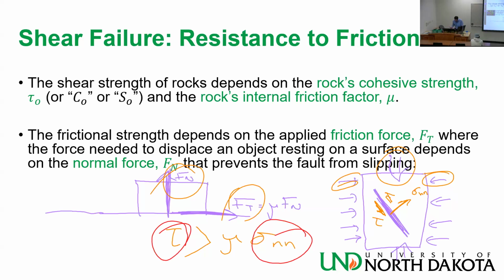Let me write it down, and we're going to see it many times. Mohr-Coulomb failure, or I would say shear failure. Basically, it's the tau in the Mohr circle, because you have the perpendicular to the touch point.